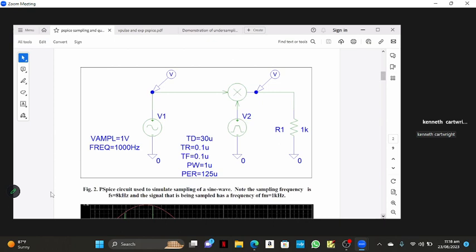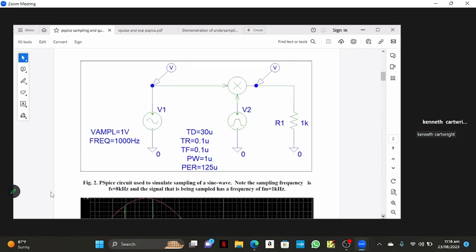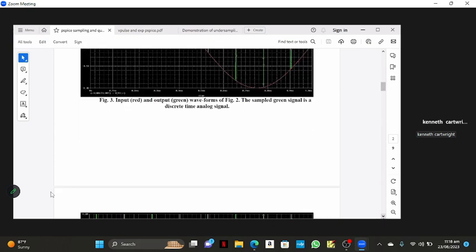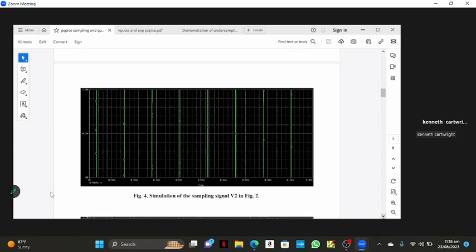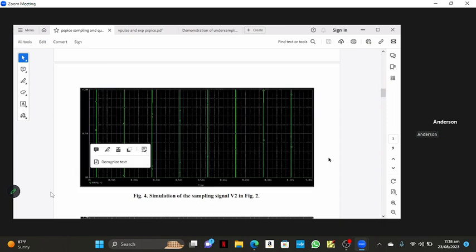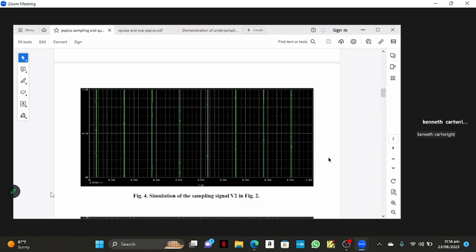So that's my sampling signal. You can't tell it's 1 microsecond, but if you zoom in on it, you'll see it is. You see the time delay here. Scroll to the graph in figure 4. This is what we're talking about.